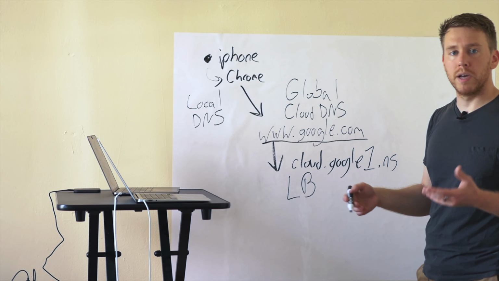because from the client's perspective, the client only is able to understand where the request is getting proxied to up until the load balancer, because this is your front end IP address.